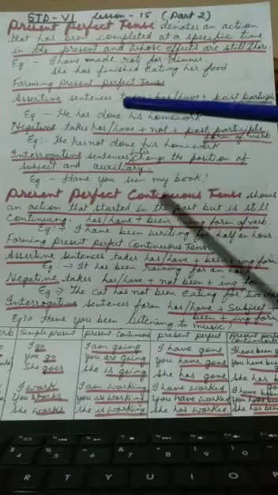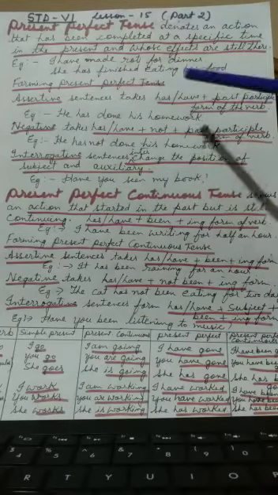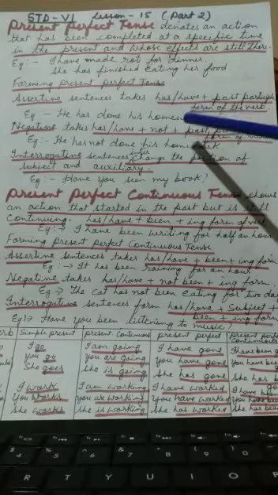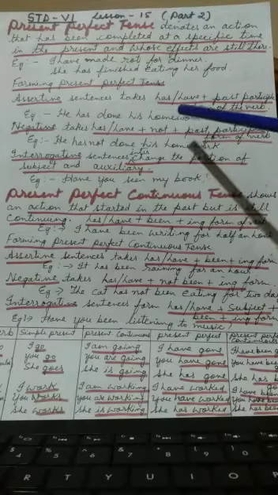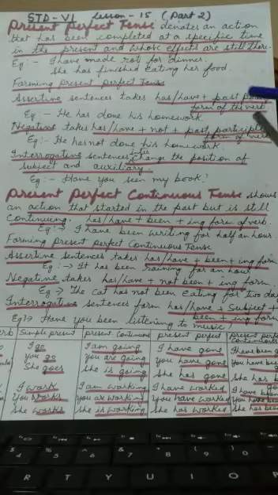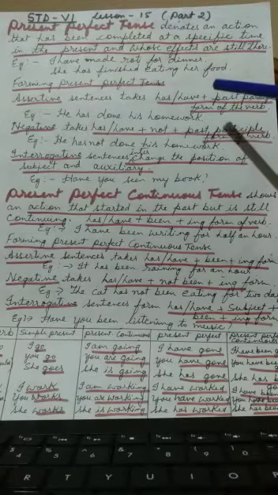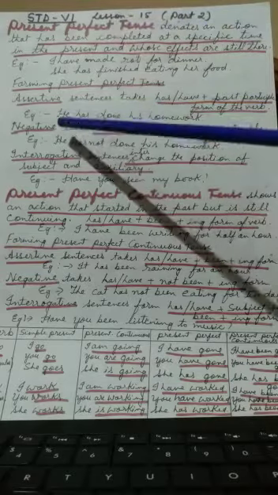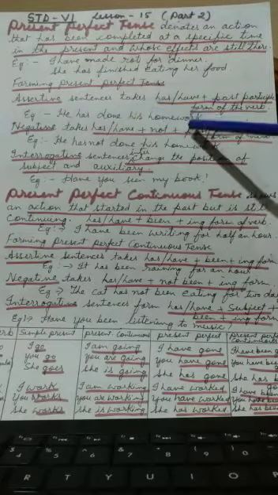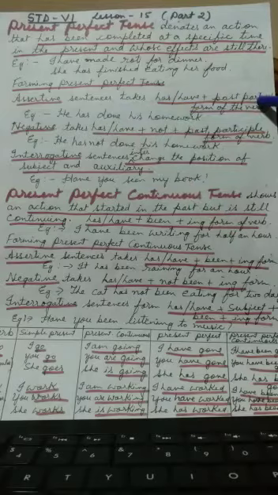Like go. Suppose a word is go, the base form of the verb is go. So past tense is went. Now what is the past participle form? Gone. Like suppose here, he has done his homework. So this is the past participle form of the verb.